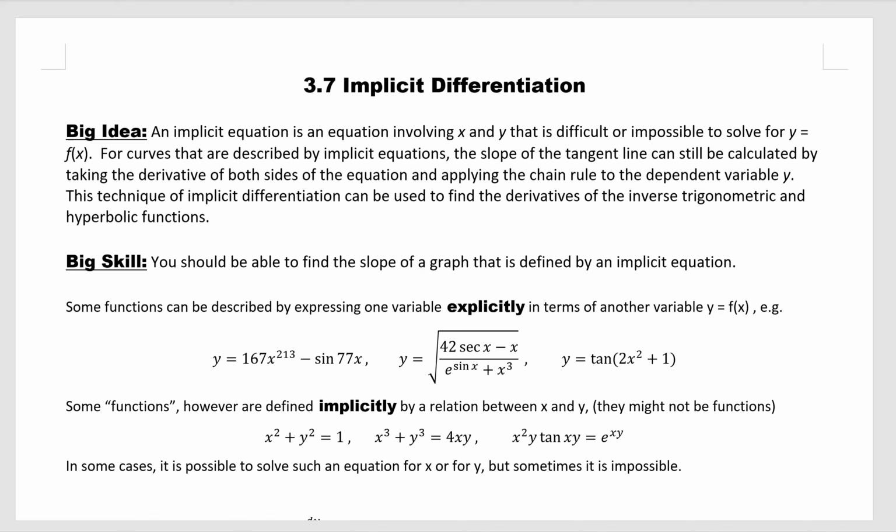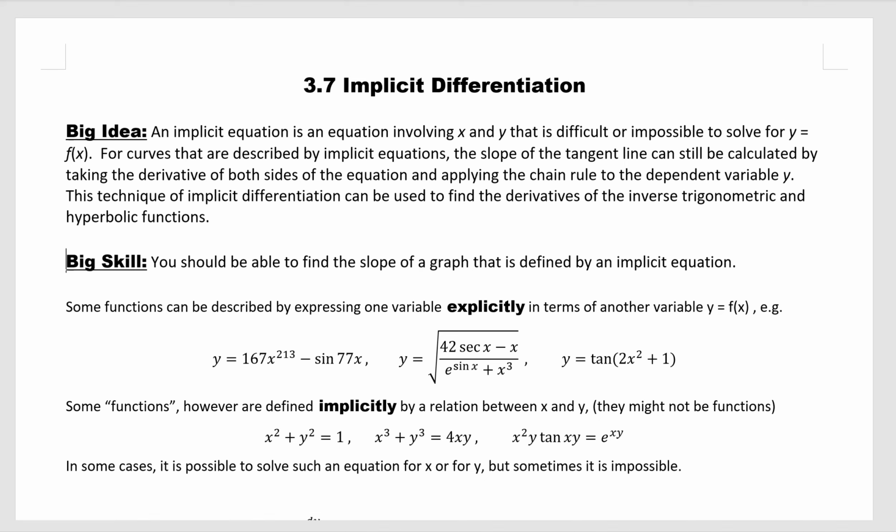For curves that are described by implicit equations, the slope of the tangent line can still be calculated by taking the derivative of both sides of the equation and applying the chain rule to the dependent variable y. This technique of implicit differentiation can be used to find the derivatives of inverse trig functions and hyperbolic functions.